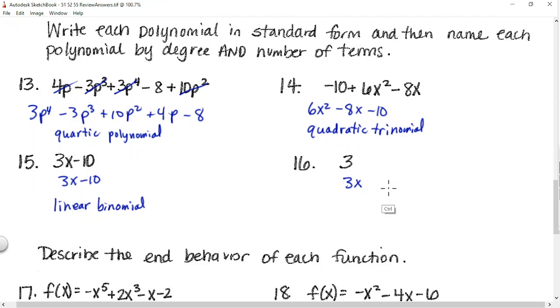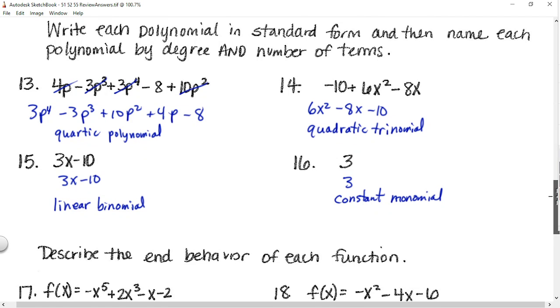So when you don't have a variable at all, we'd say the degree is 0, and that's called a constant. That's just something you have to memorize. Constant monomial. It's a monomial because there's one term. Okay. So last is these ones we have to describe the end behavior.